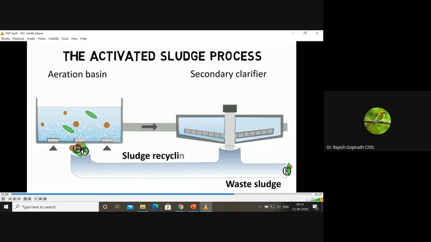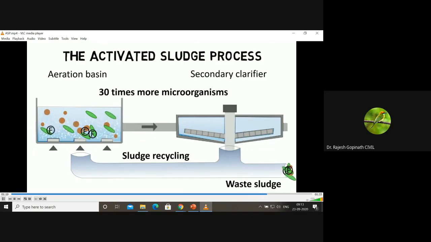By recycling the activated sludge back into the aeration basin, the amount of microorganisms can be increased significantly, e.g., 30 times compared to the raw water influent. This is exactly the principle of activated sludge, to accelerate biological degradation significantly in a confined space.